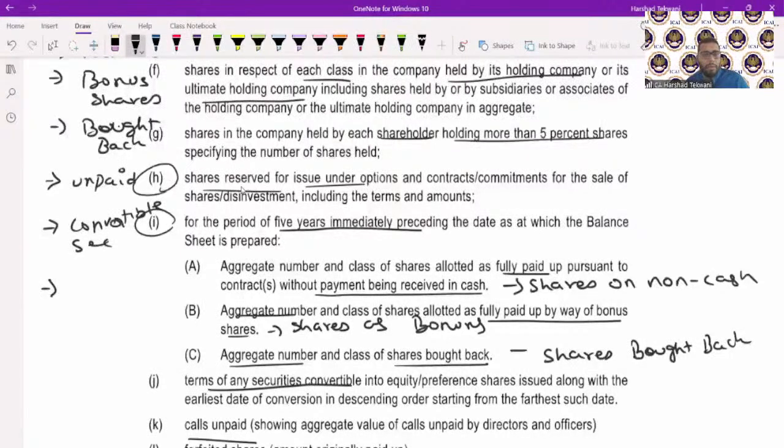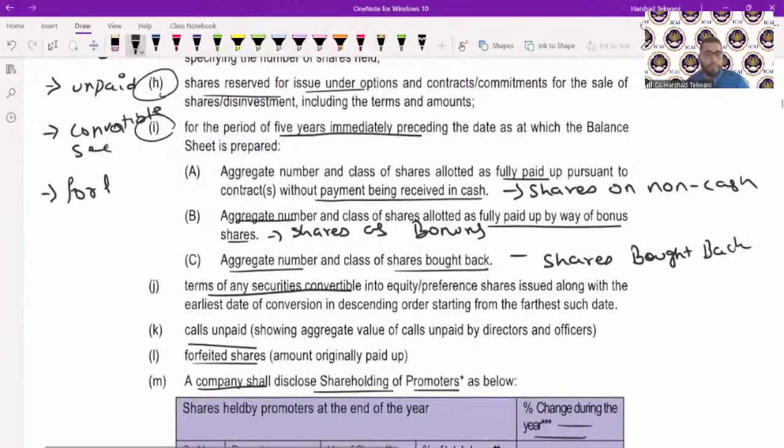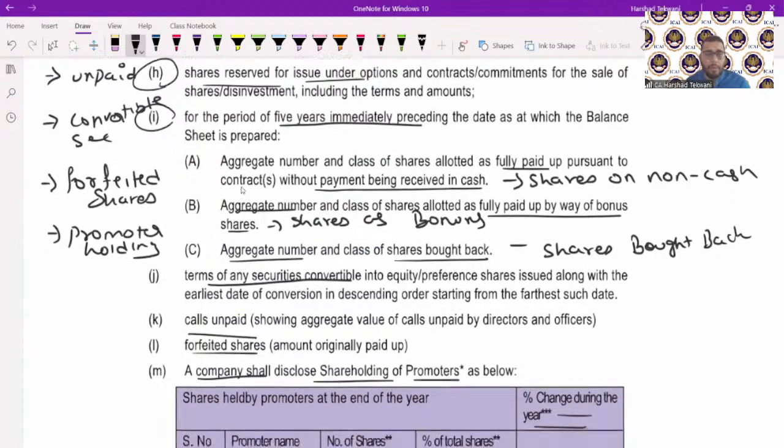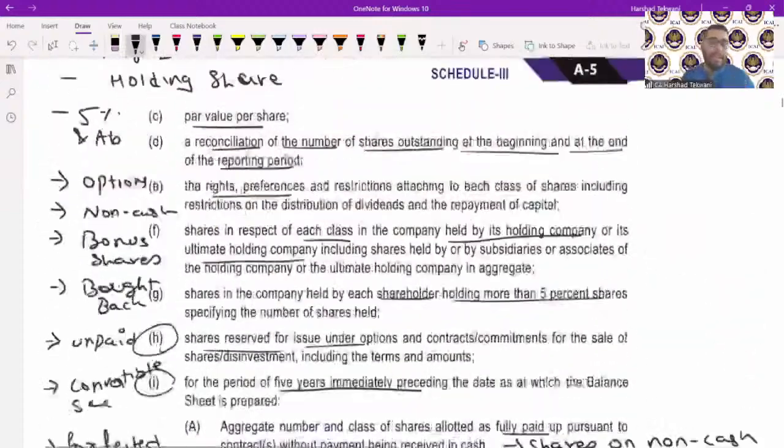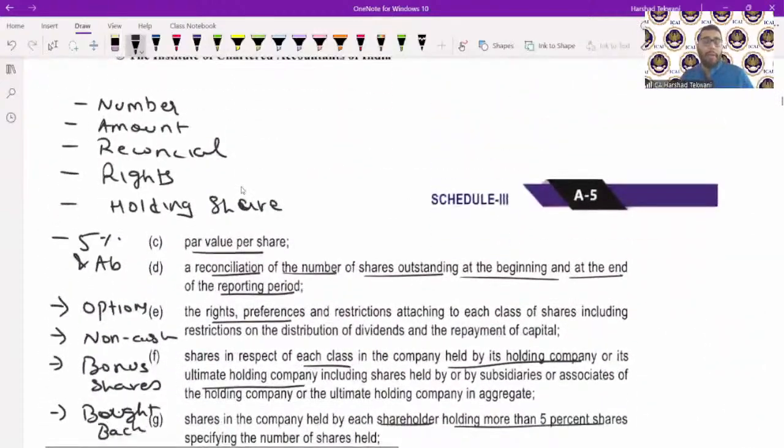Okay, then you can say forfeited shares, and we saw promoter holding. Clear? These are the minimum requirements which are required to be disclosed, and if there is any other additional requirement by the act, by accounting standard, then you are required to disclose that also. Any doubt till now? Any doubt?